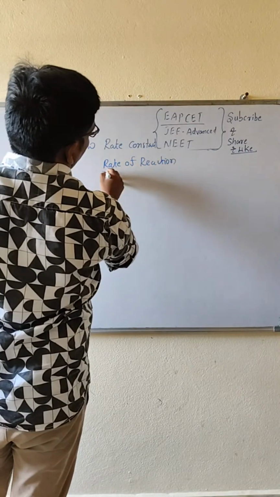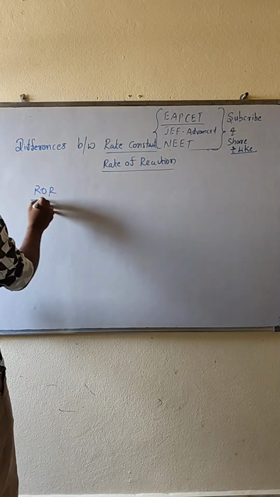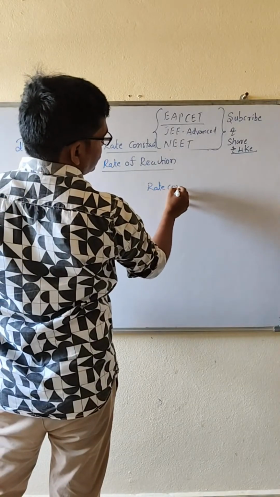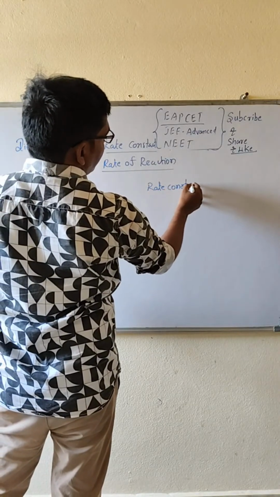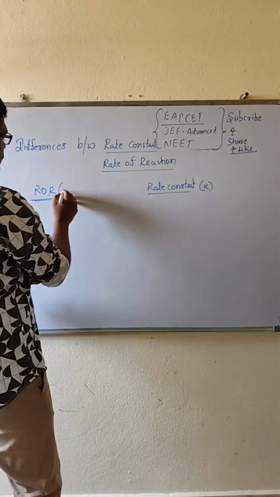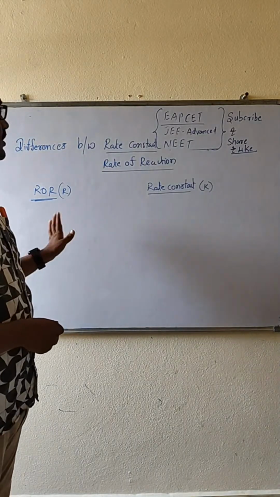See, you have to remember these. The first one I am taking is rate of reaction, then second, rate constant. Rate constant is represented with K, while rate of reaction can be represented with small r or capital R.